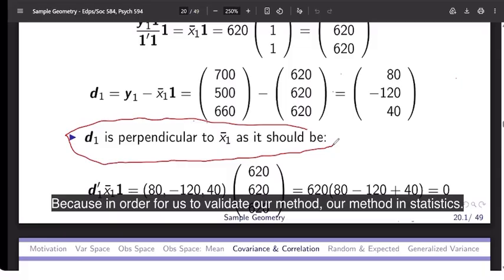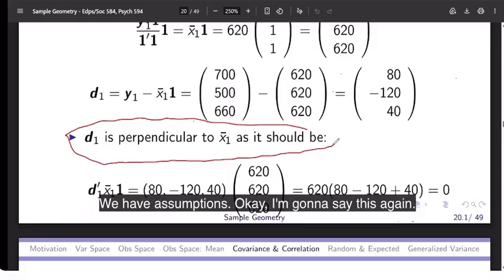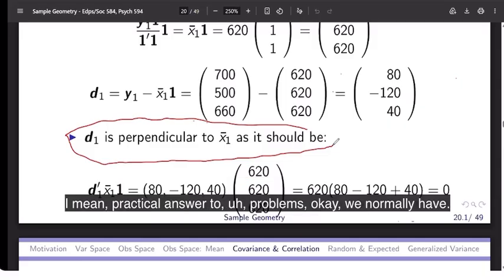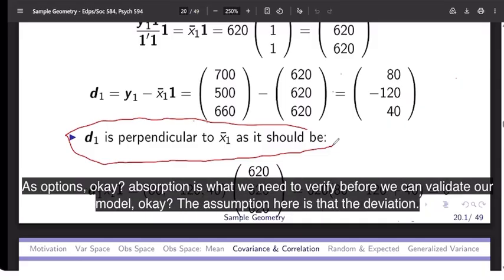Whenever we specify a model and we want to provide a practical answer to problems, we normally have assumptions. Assumptions are what we need to verify before we can validate our model.